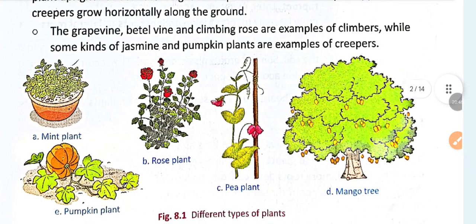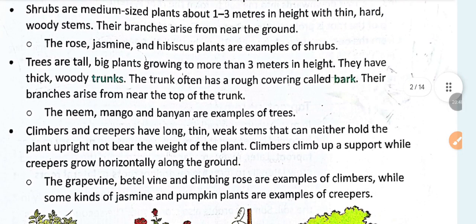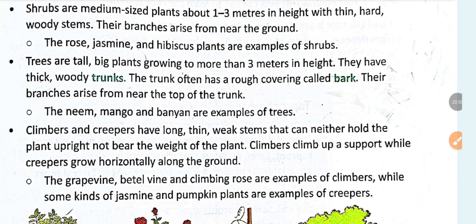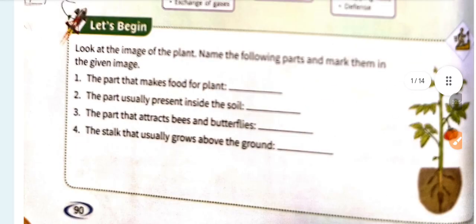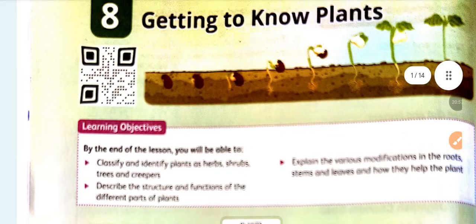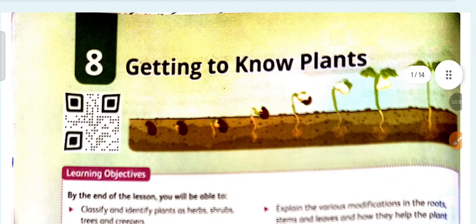And we have learned about different types of plants: herbs, shrubs, creepers, climbers, and trees, and their characteristics, and hence we get to know the plants.